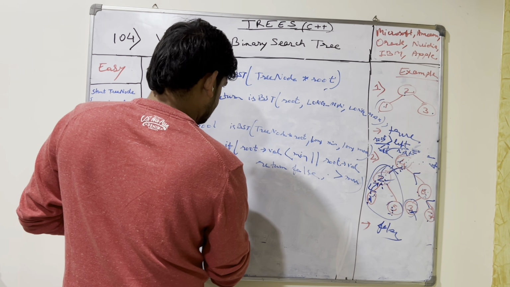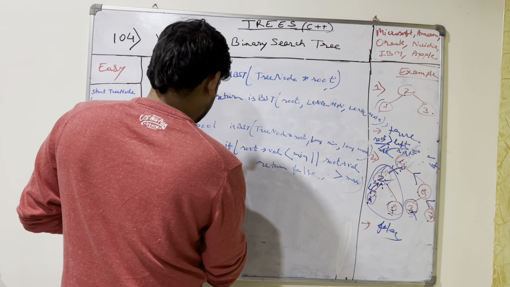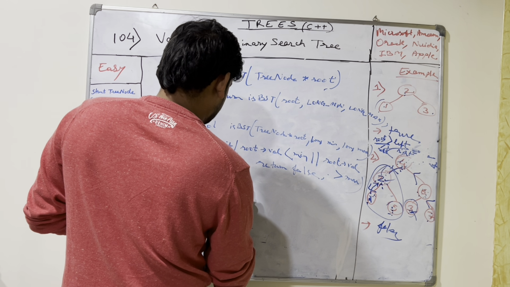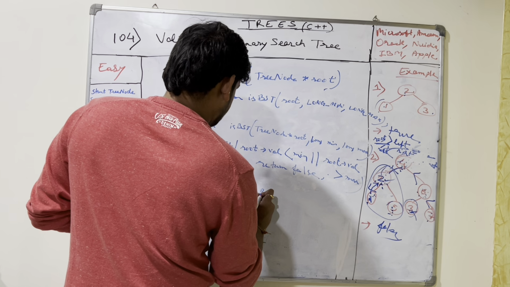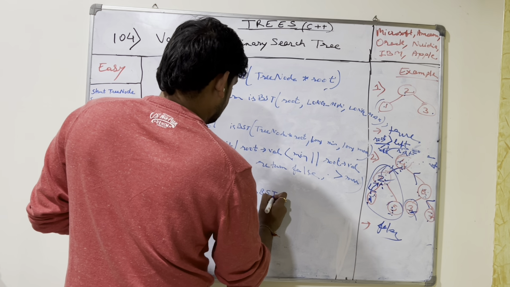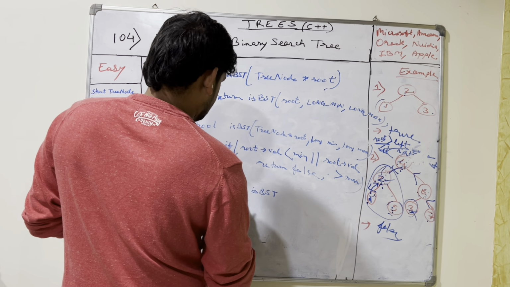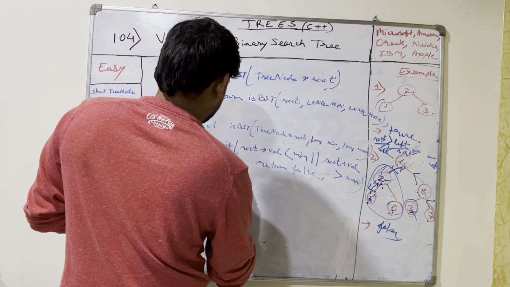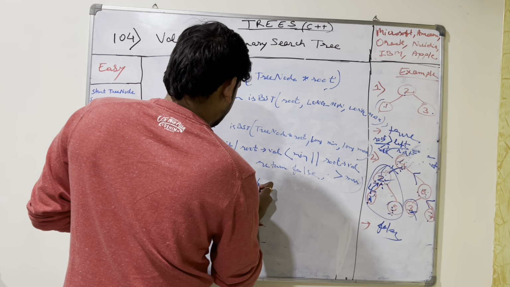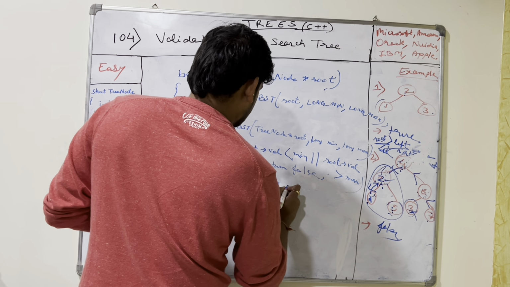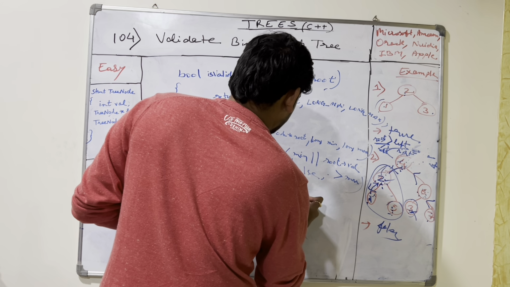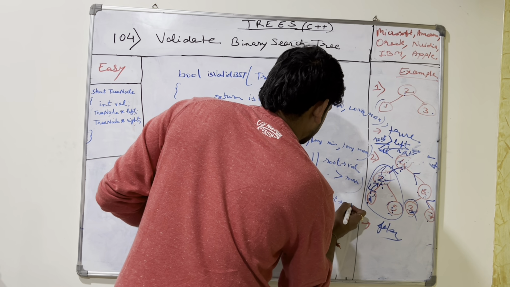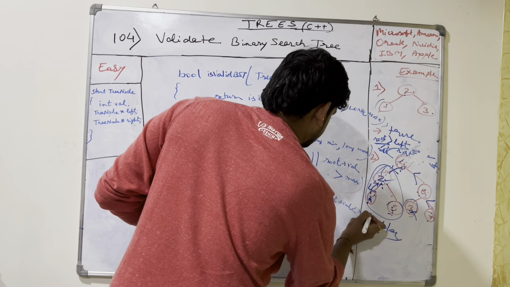Else return isBST. Else if root value is greater than the minimum value, you'll understand, one second, let me code this, and less than the max value.